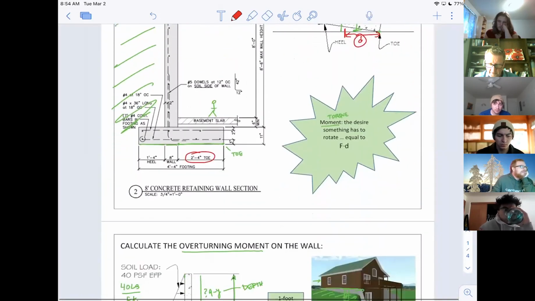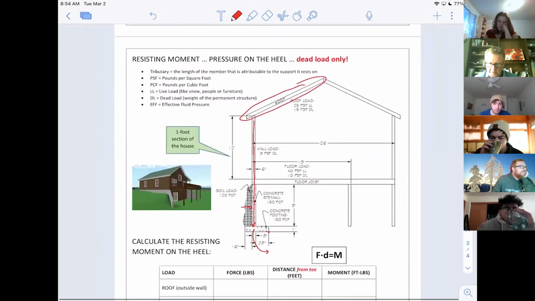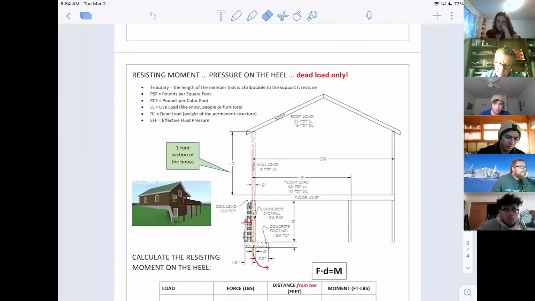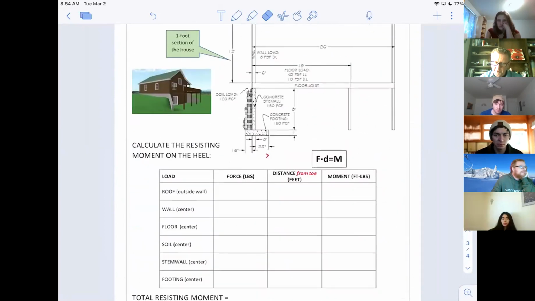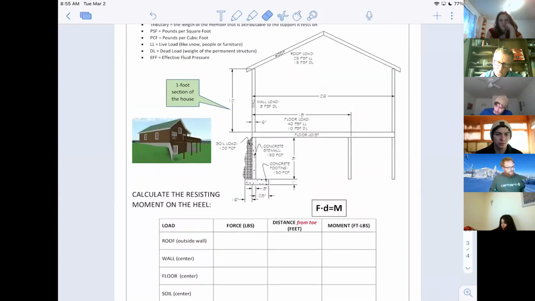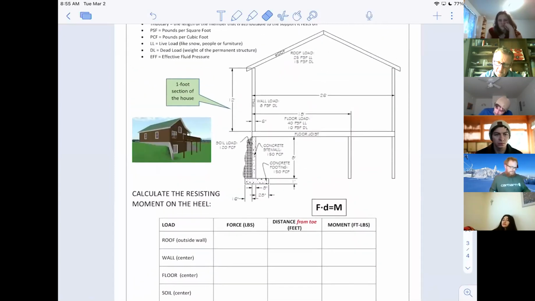So let's do this first one together, and then you can finish this chart yourself. I made a chart here just to organize yourself. Notice all the things that the house has weight. And it's in order. There's a roof pushing down.